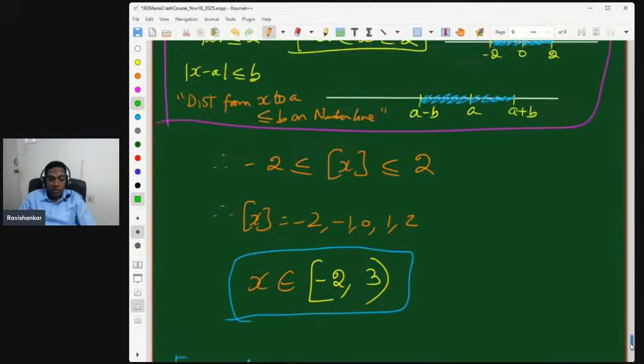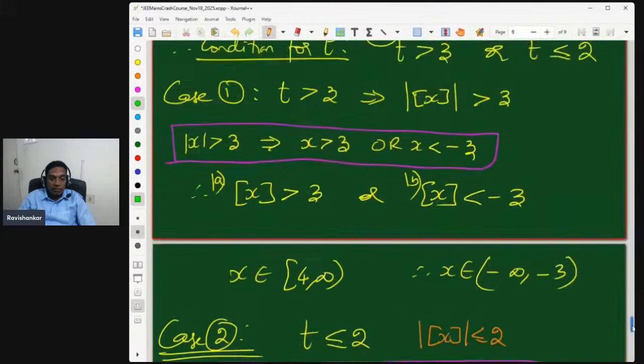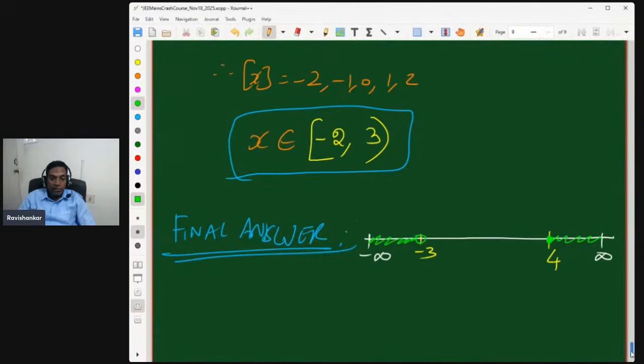Then what else? And then minus 2 to 3. So this is minus 2, which is included, 3, which is not included, and this region is also included.